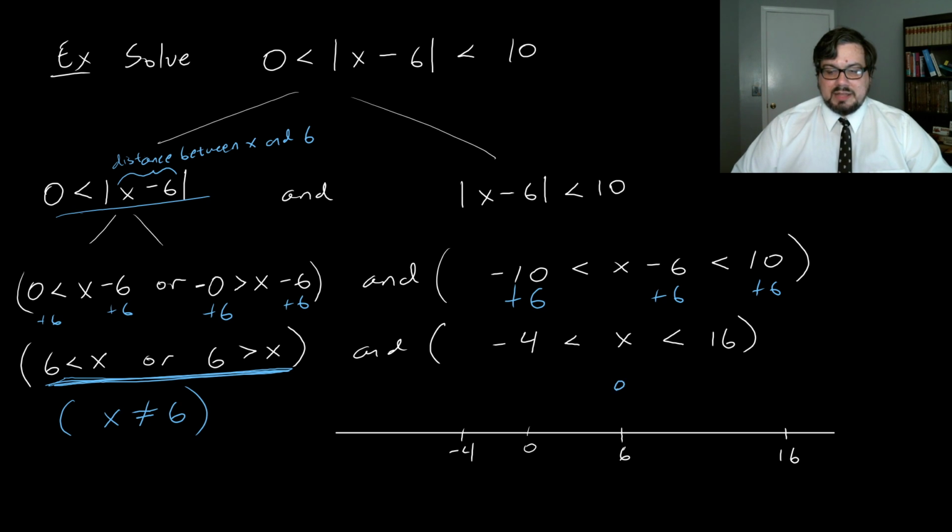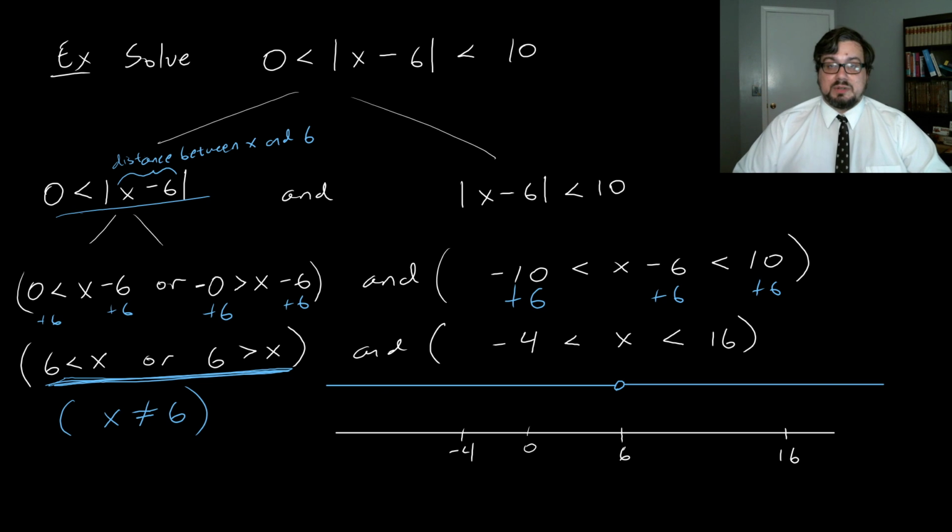So the way I'll write that down, and I'll do that above the graph here because I'm not writing down my final answer yet. I just want to write that down. That's what this looks like. So this blue line with the hole at 6 indicates 6 is less than x or 6 is greater than x.